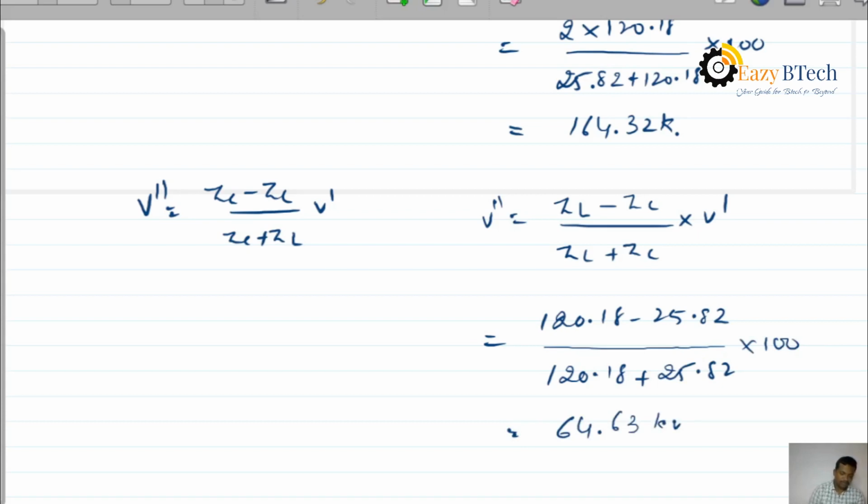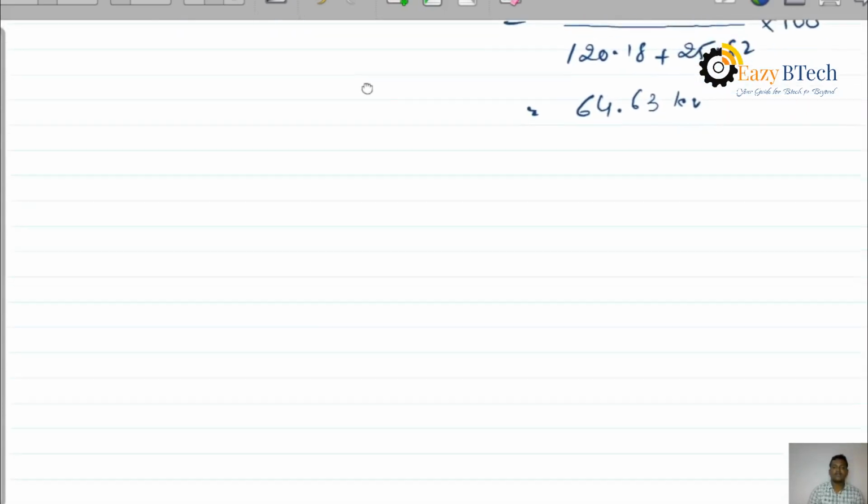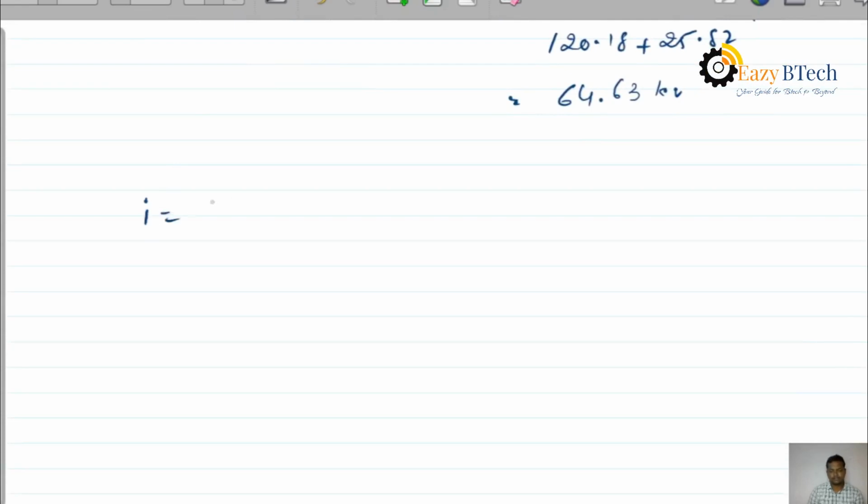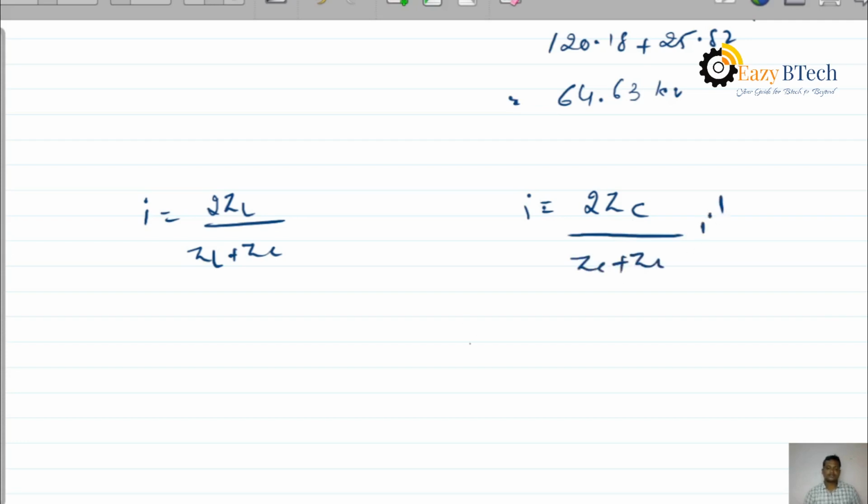Now the current wave. The current wave I equals, in the previous case, 2 ZL divided by (ZL plus ZC). In this case it is 2 ZC divided by (ZC plus ZL) into I dash, which is 25.82 into 120.18 into V dash divided by ZL.